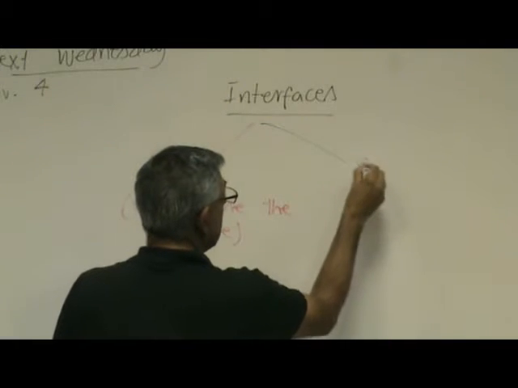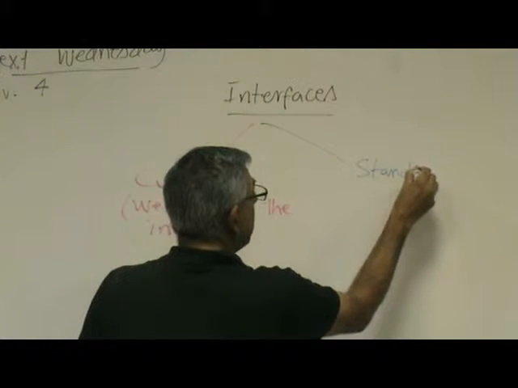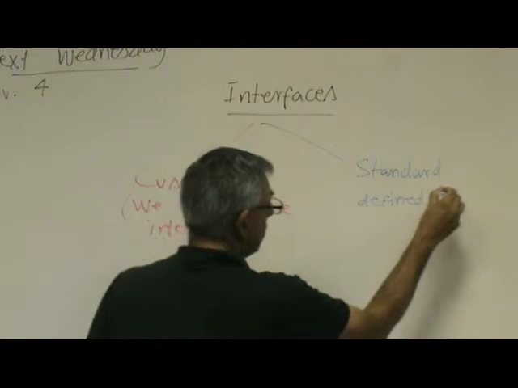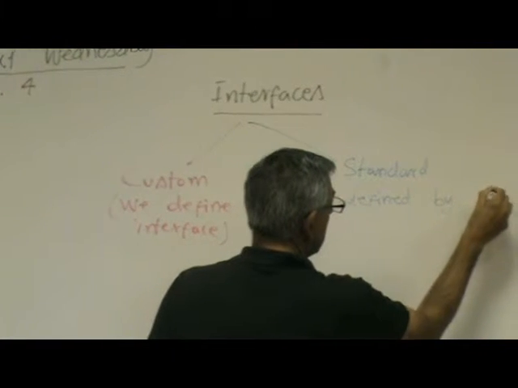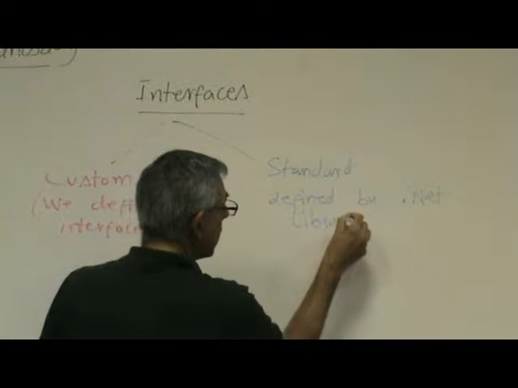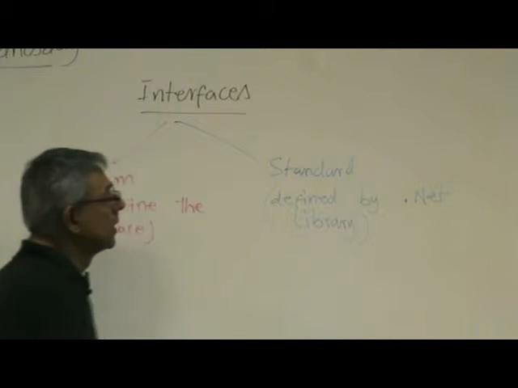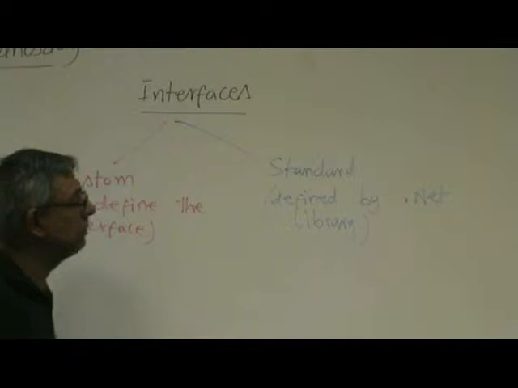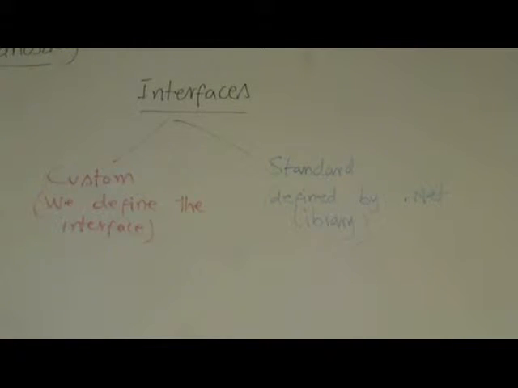Standard is basically defined by the .NET library. So the name of the method, what input it takes, what output it gives us is already fixed by the .NET library. Our job as a programmer is to implement the interface and provide the real code, right?